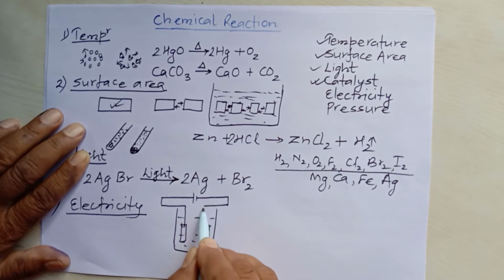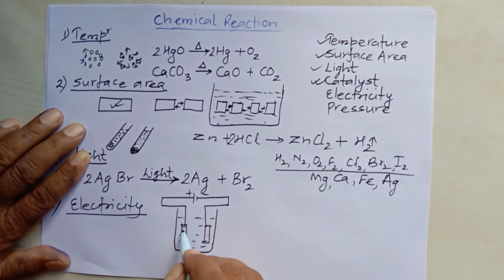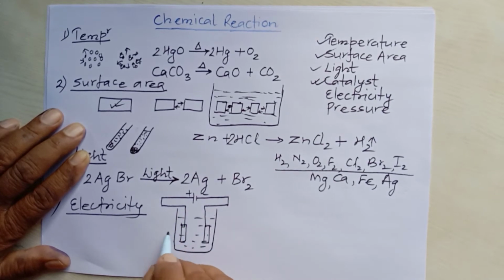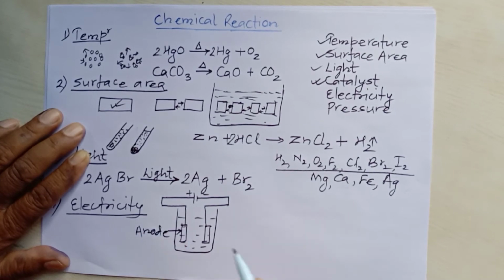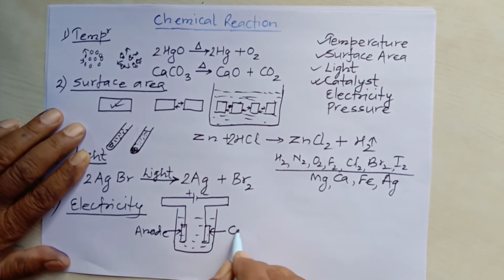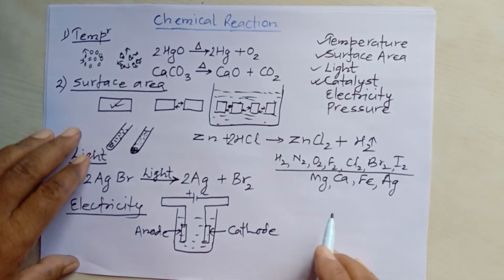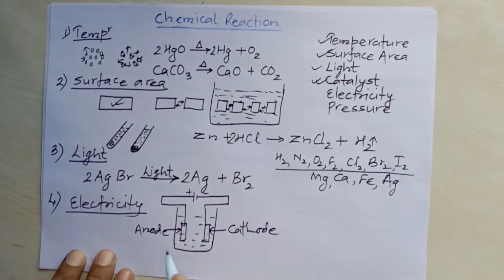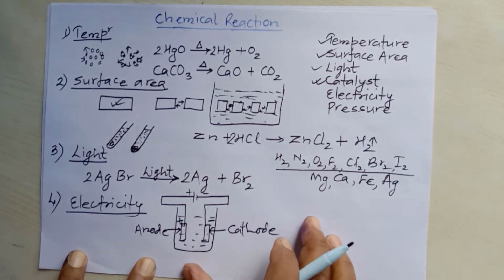to the source of electricity, a cell. This is the positive terminal, this is the negative terminal. The metallic plate which is connected to the positive terminal is the anode, and this is the cathode. Anode is a positively charged electrode, but cathode is a negatively charged electrode.